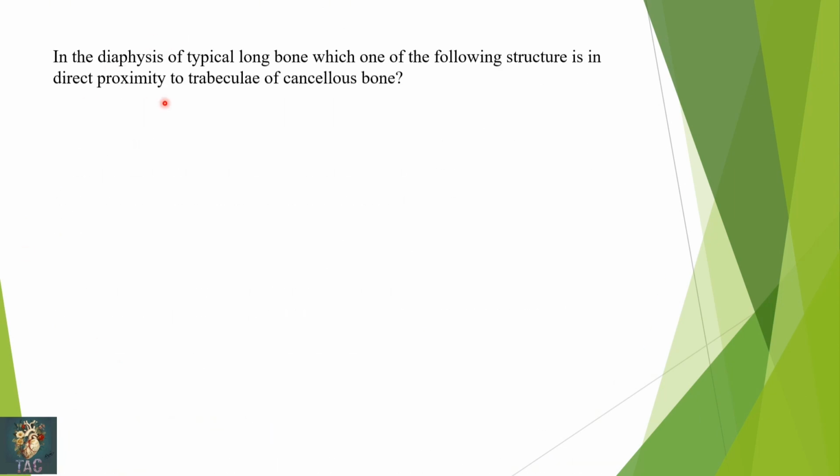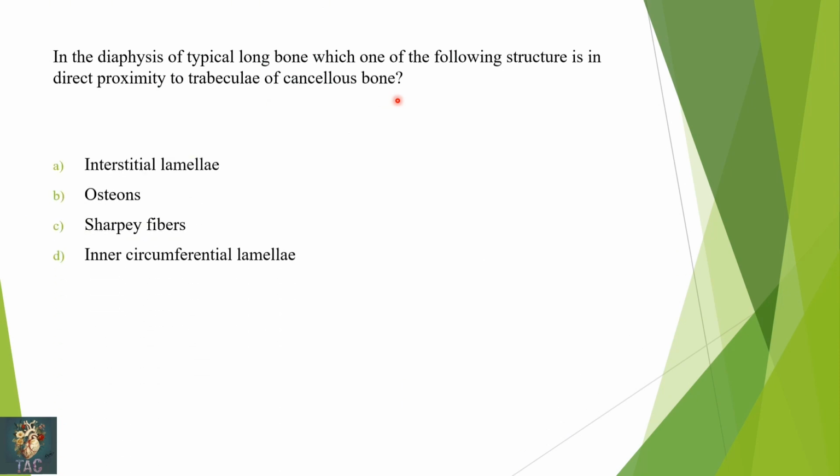In the diaphysis of a typical long bone, which one of the following structures is in direct proximity to trabeculae of the cancellous bone? That is interstitial lamellae, the osteons, Sharpey fibers, inner circumferential lamellae and outer circumferential lamellae. So please remember, interstitial lamellae are present in between the osteons of the compact bone, and osteons are present in compact bone.